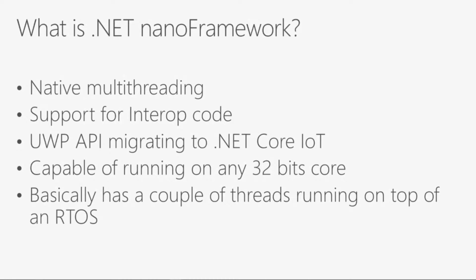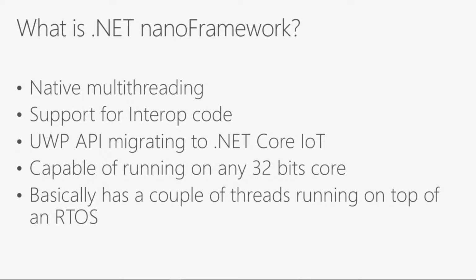Right now, with UWP being discontinued, we are working to port all the APIs and to align them with the .NET Core IoT, meaning that you'll find the same API on, for example, we have already done the GPIO and the I2C. SPI is next, and you find the same API on the .NET Core IoT and on the .NET Nano Framework.